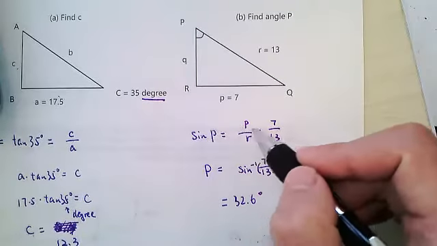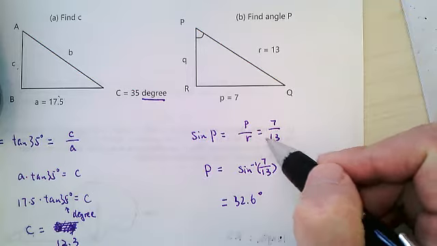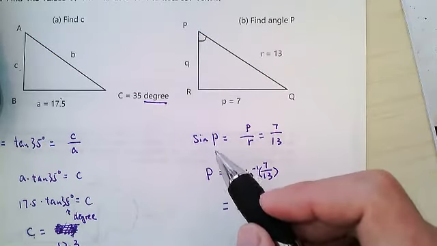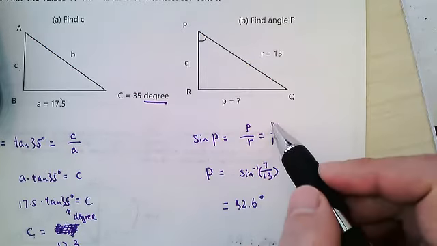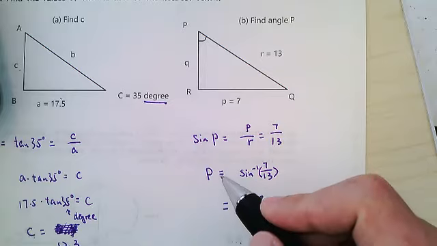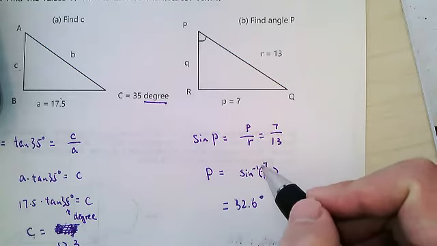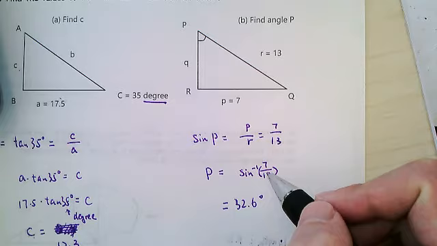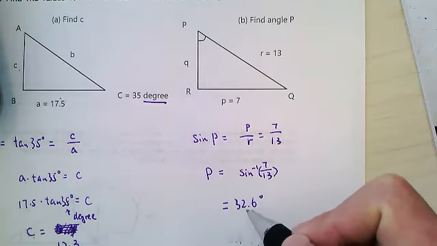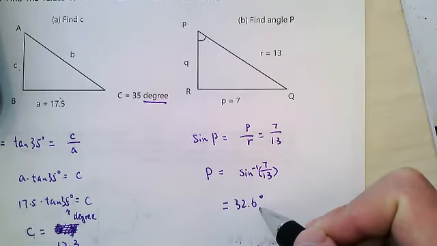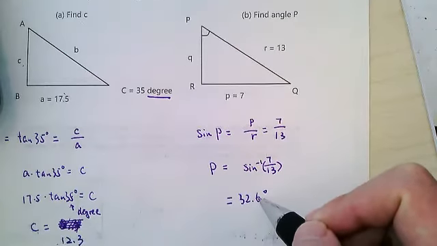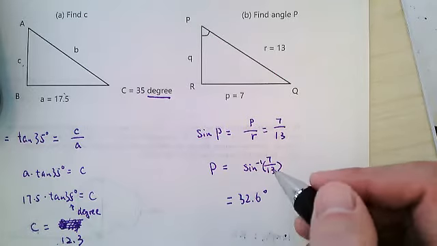Sine P is 7 over 13. So what kind of angle produces such a ratio? It's the inverse sine of this value. If you plug into a calculator, you should be able to get 32.6. Okay.